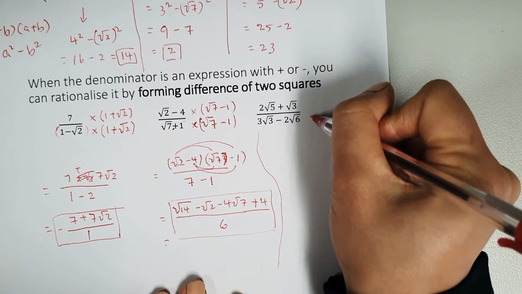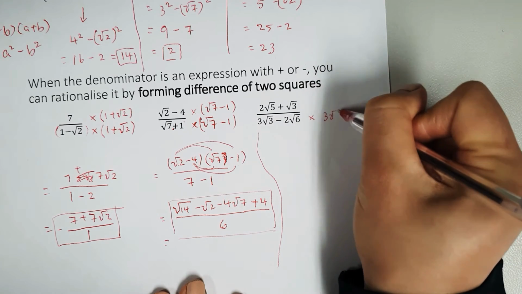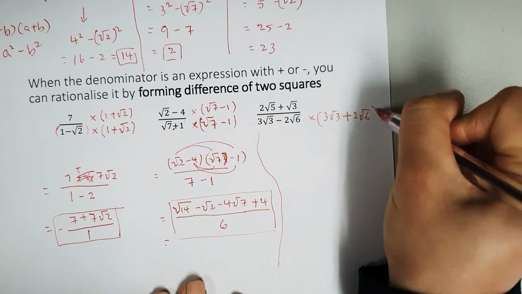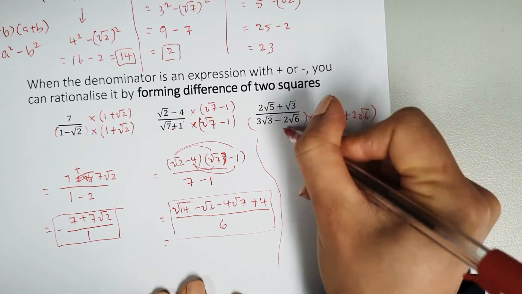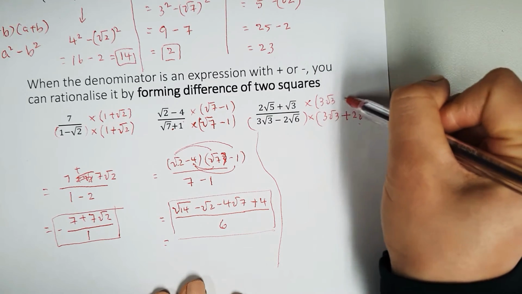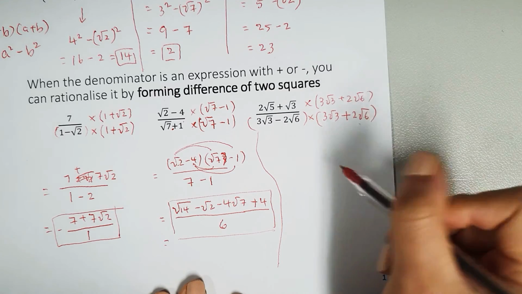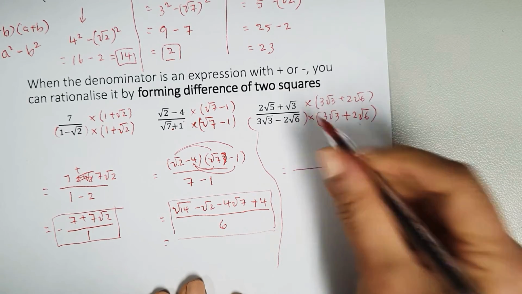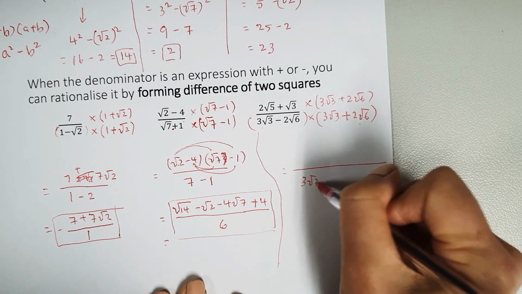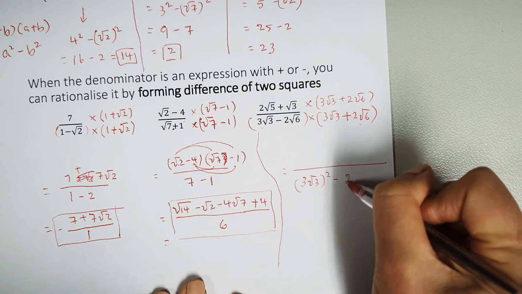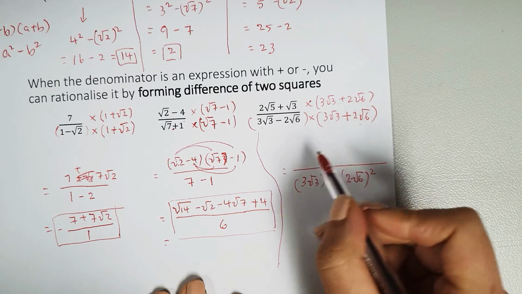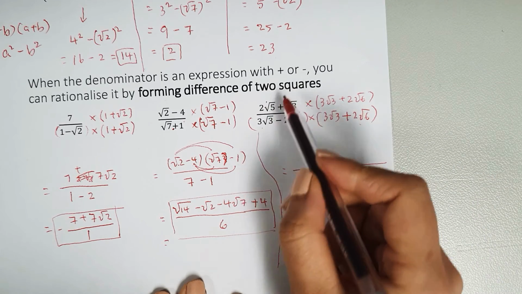Last one, we're going to multiply the bottom with 3 root 3 plus 2 root 6. So we're forming the difference of two squares, and at the top we do exactly the same as we did for the bottom, 3 root 3 plus 2 root 6. Now at the bottom we're going to have, let's write it out this time, 3 root 3 squared minus 2 root 6 squared. At the top we can multiply each of these out.